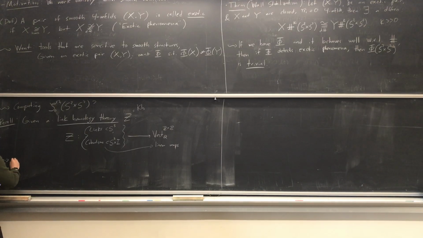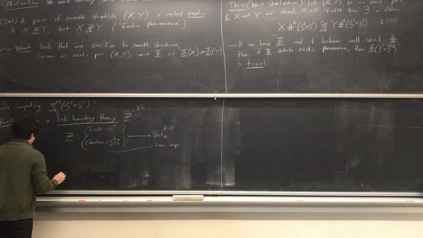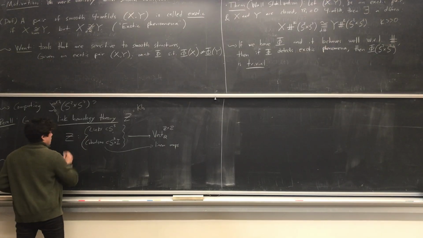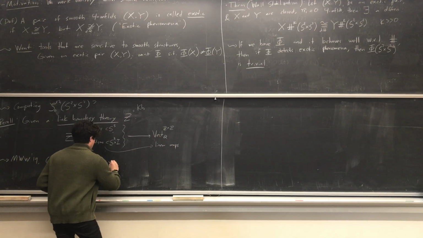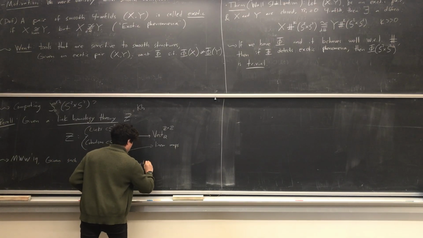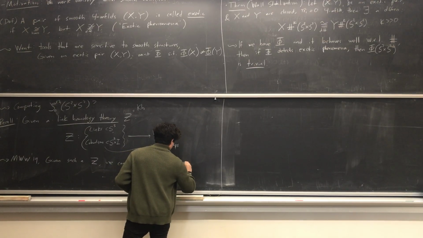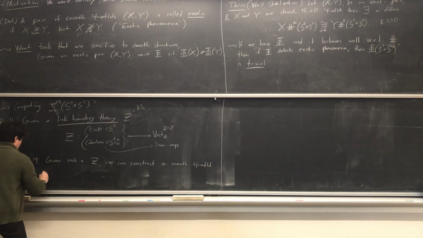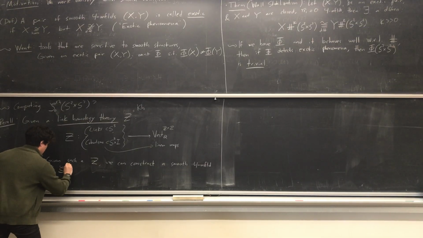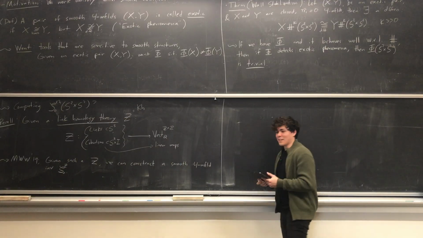Okay, great. And so in 2019, Morrison, Walker, and Wedrich showed that given a link homology theory like Z, we can construct a smooth four-manifold invariant called the Skein lasagna module associated to Z. Does everybody remember the definition?